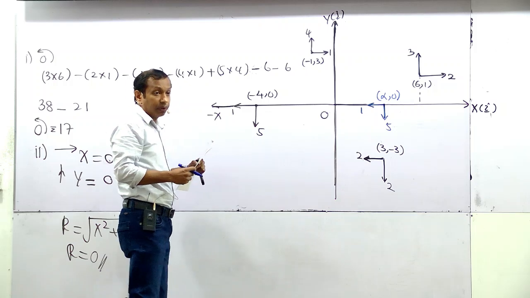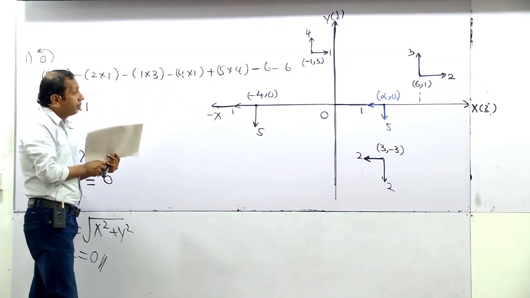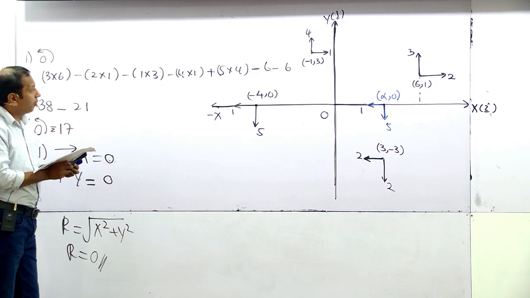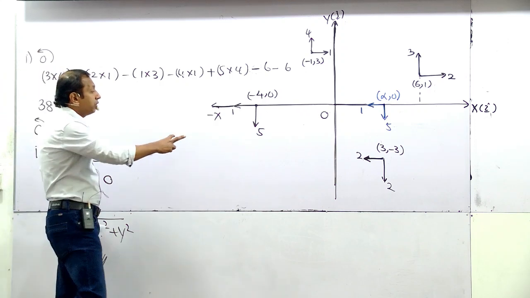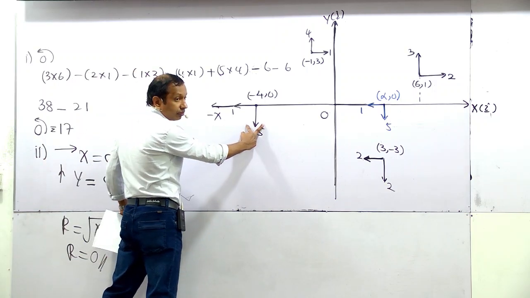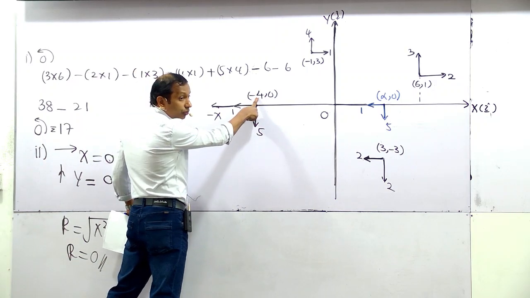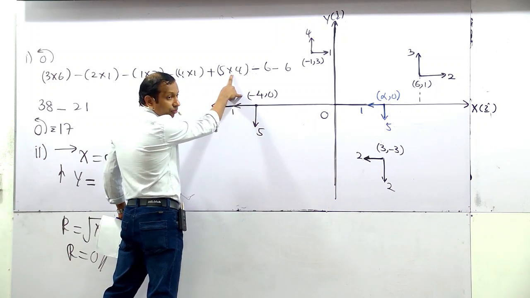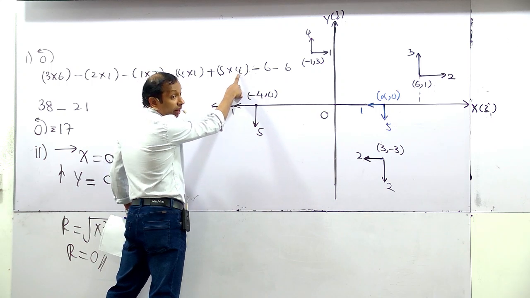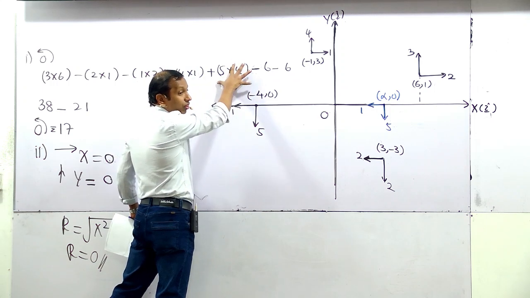Understood? Right, no? Then how do we take that, people? Here we got the moment of 5, no? 5 into 4, we took there. Where is that? This. For this 4 we now put alpha. Then the algebraic sum should be equal to what?